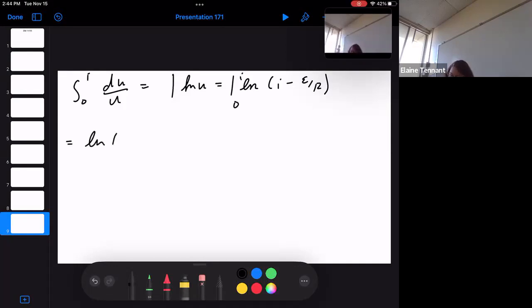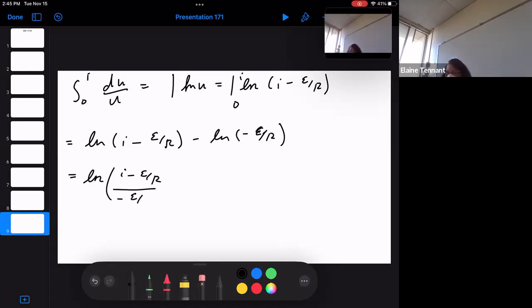So the natural log of I minus that, minus the natural log of 0 minus that. You guys are then going to tell me that the natural log of A minus the natural log of B equals the natural log of A over B. I'm going to make sure I put my minus signs in the right place.